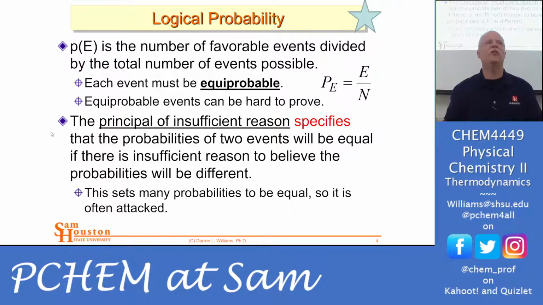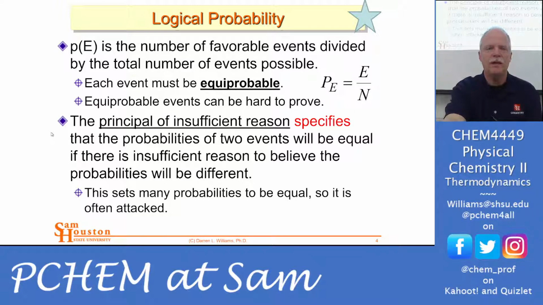So we assume it's normal, and then we do the p-value to see if it matches the distribution that we're assuming. And that's the principle of insufficient reason. So sometimes it sets too many probabilities to be equal. Not everything is equiprobable. Okay, but we have to figure out how to determine when those cases are. So we assume a normal distribution, and then we test the special cases.